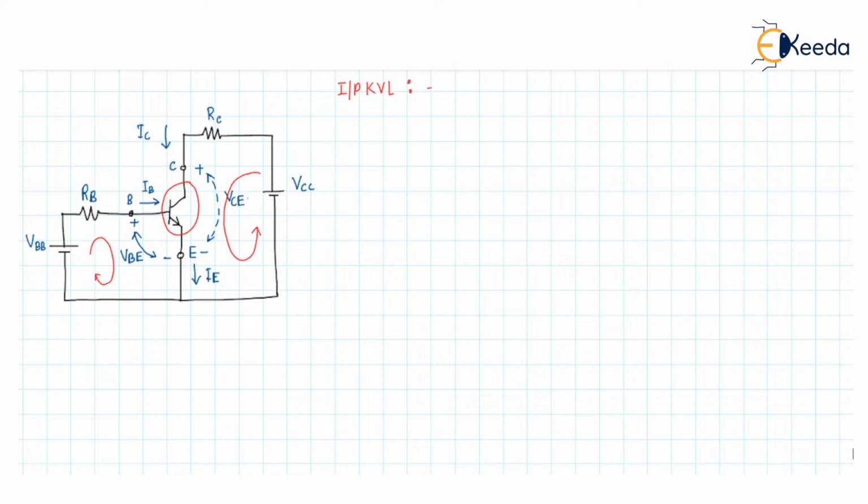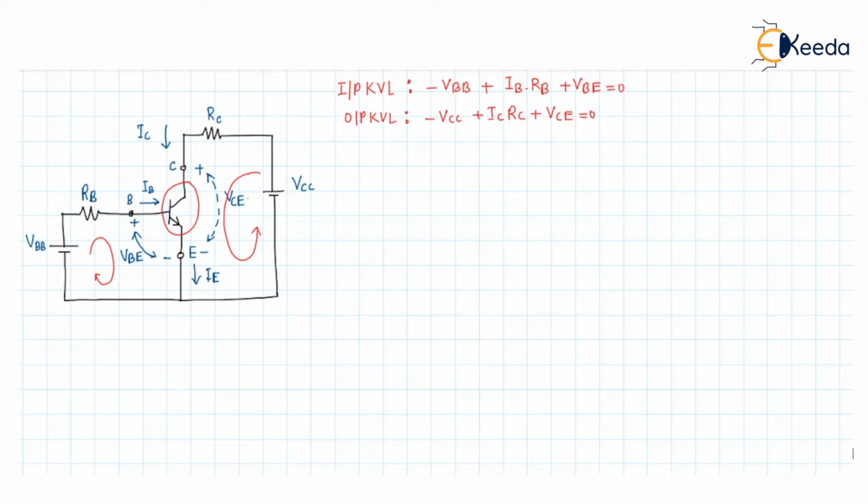It will be minus VBB plus IB into RB plus VBE equals 0. Similarly, the output KVL equation will be minus VCC plus IC into RC plus VCE.